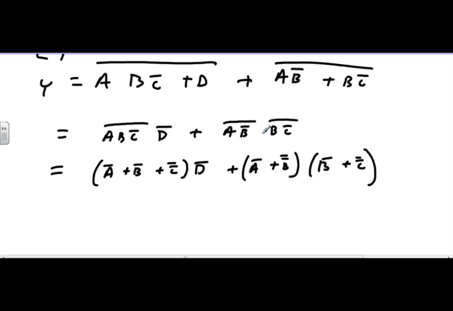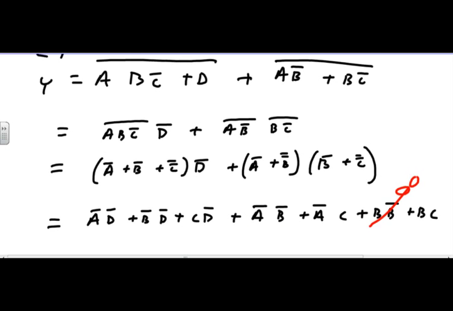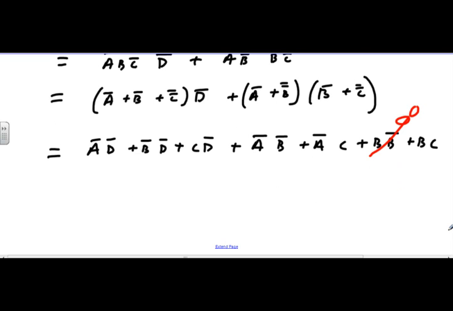Okay, so I've got A, D naught, A naught, D, A naught, D naught, or B naught, D naught, or C, D naught, or A naught, B naught, or A naught, C, or B naught, or B, C. Luckily this one becomes 0, so that simplifies it a whole lot.